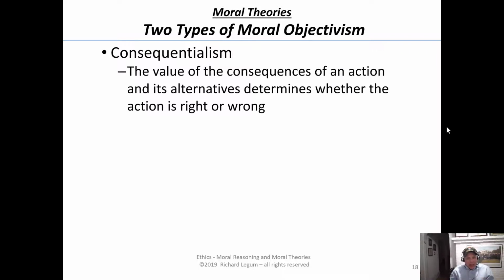That determines whether the action is right or wrong, whether the value of the consequences, the goodness exuded or lack of, or less evil of the action versus its consequences, measured by some value, some objective good, will determine whether the action is right or wrong.